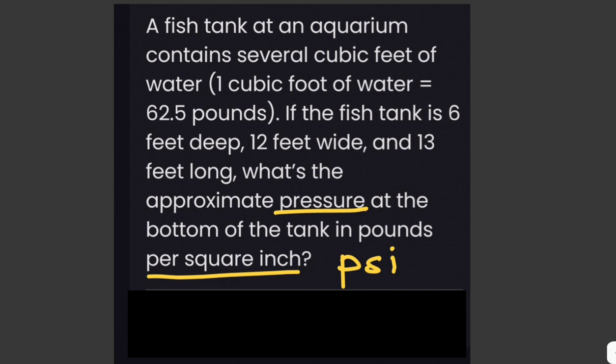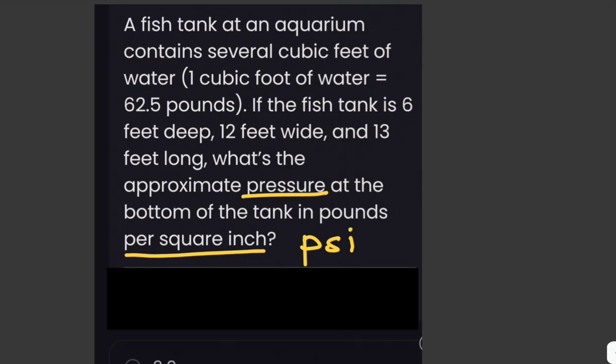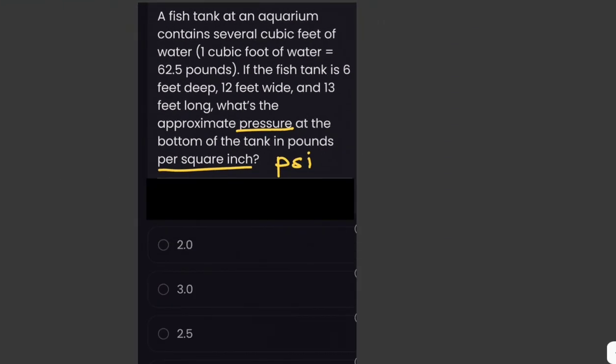So how do we do this? Now, to find the pressure or PSI, we must divide the tank's total volume by the surface area of the bottom of the tank. So we find the volume first. It's stated here that the fish tank is 6 feet deep, 12 feet wide, and 13 feet long.